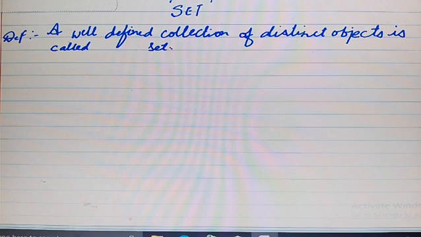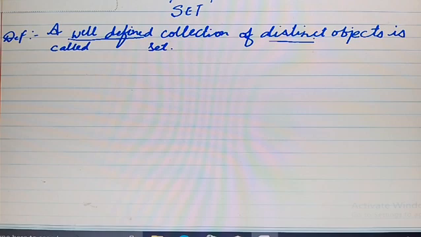Now see, there are two terms which are very important in this definition. First one is well defined, and second one is distinct object.